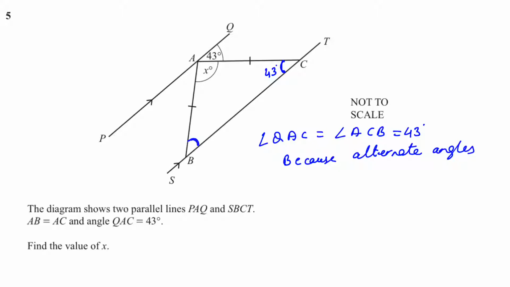Then angle ACB is equal to angle ABS. You can see they marked two lines here, so it is an isosceles triangle, which means it is going to be 43.